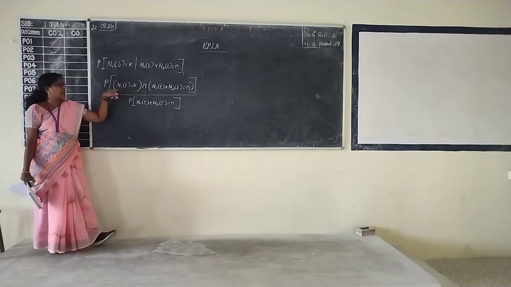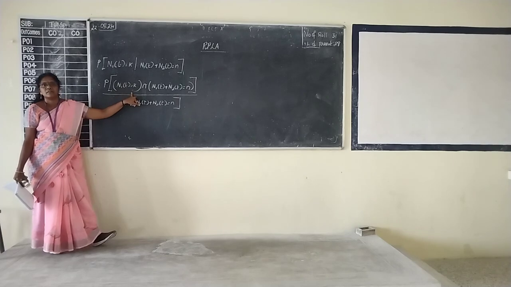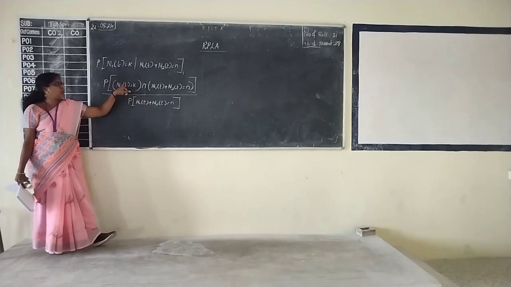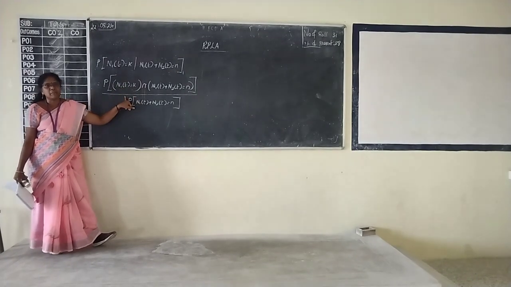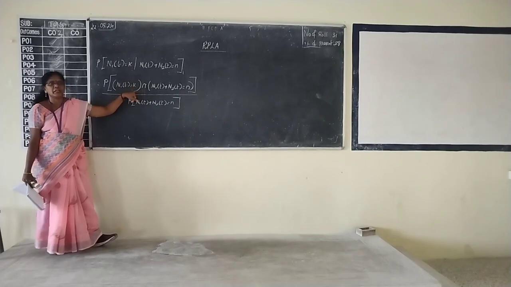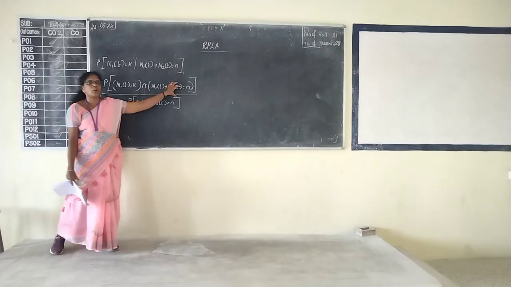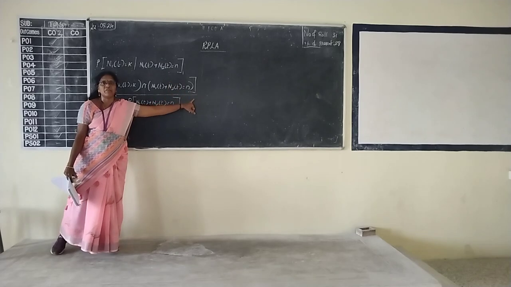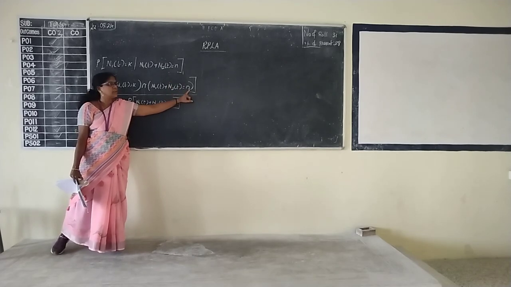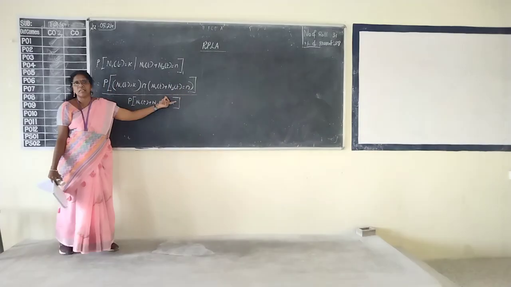Yes or no? What will be the parameter here? N1, now what is the parameter? Lambda. Instead of n value, what are we having? If this is going to be separate, what will be the n value? N. What will be the parameter?